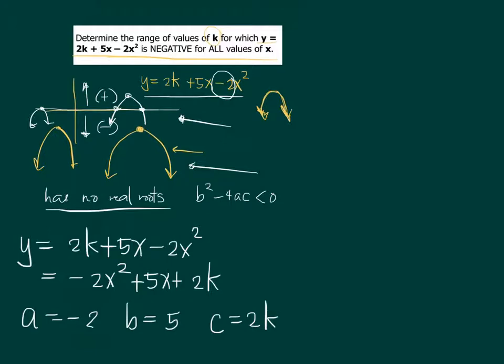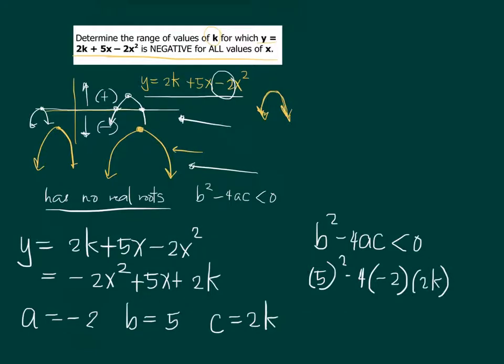Now combining the idea that b squared minus 4ac should be less than 0, we have 5 squared minus 4 times a, negative 2, times c, which is 2k, should be less than 0. Just simplify that.